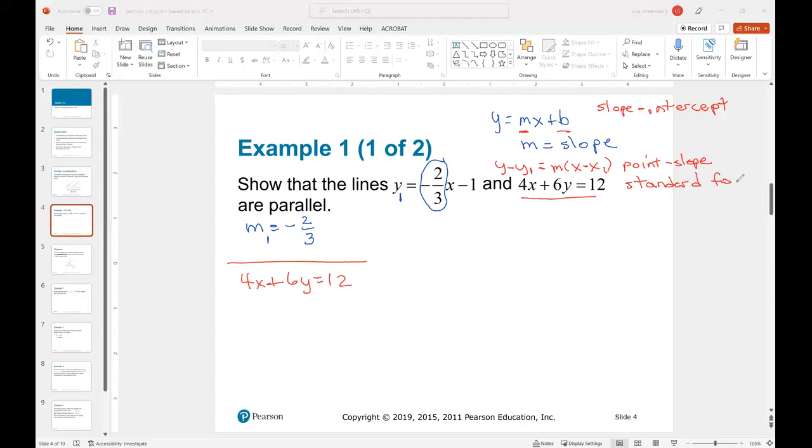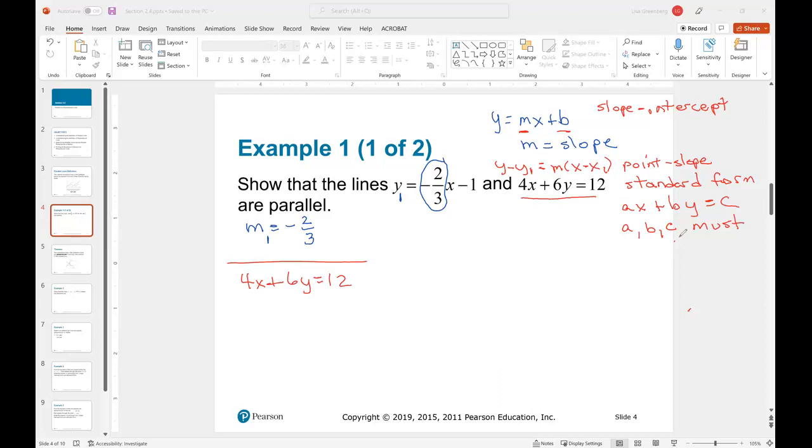Standard form is always in the form of ax plus by equals some constant. The rules about A, B, and C are that they must be integers.